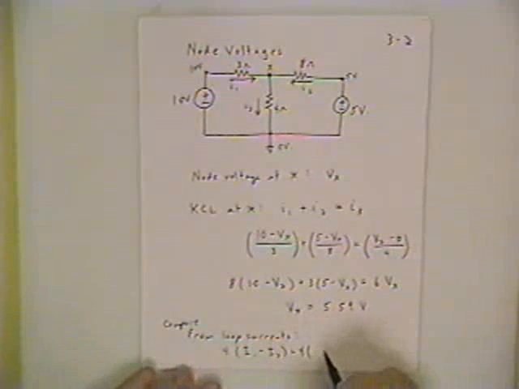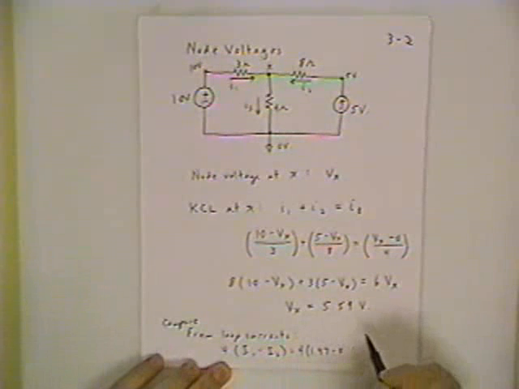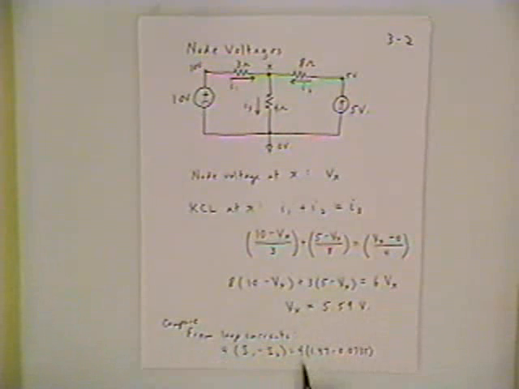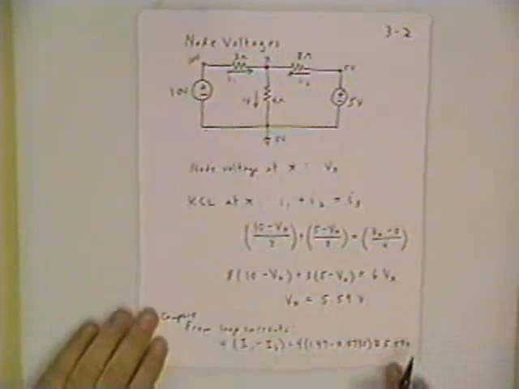That's equal to 4 times 1.47 minus 0.0735. And sure enough, when you do that calculation, you get something that's within a few thousandths of the same result, 5.59 volts.